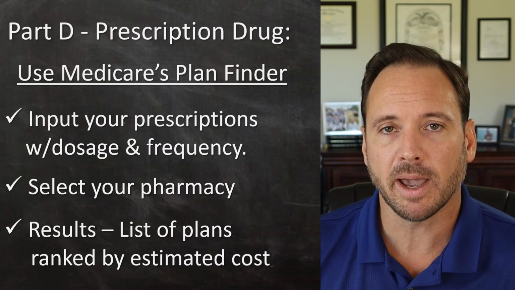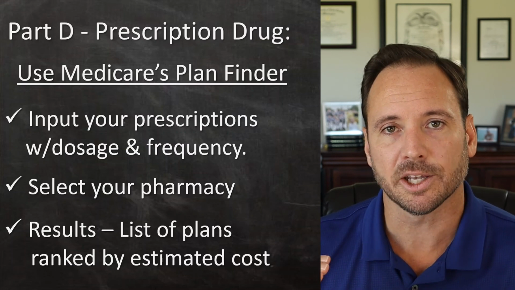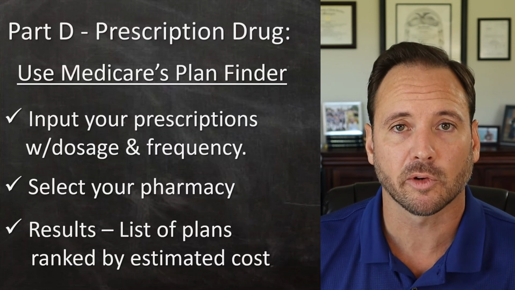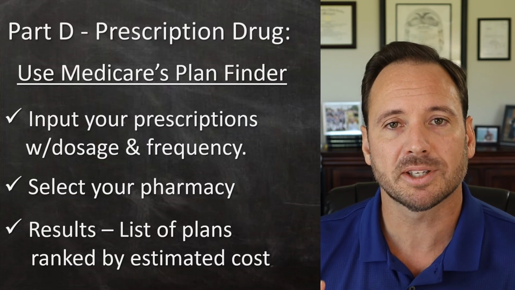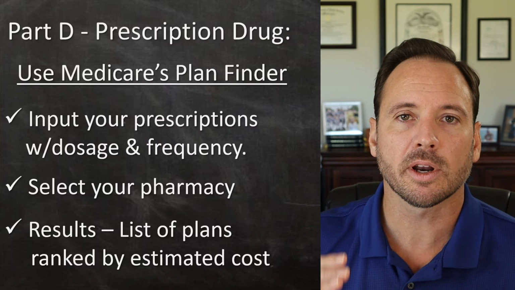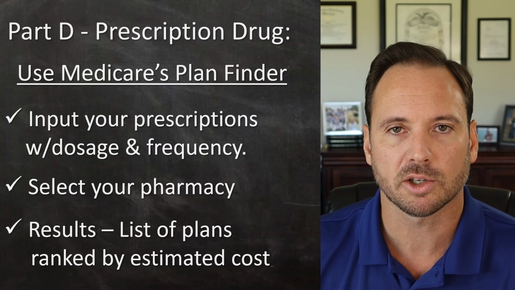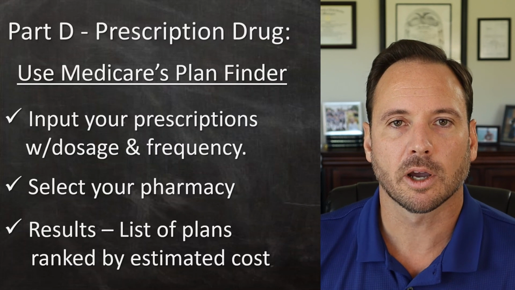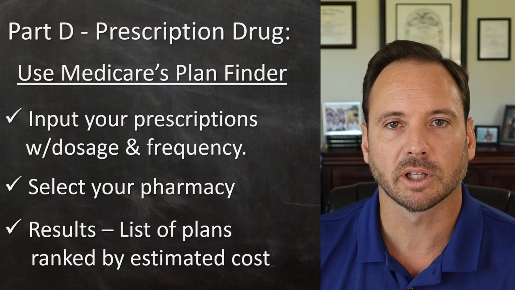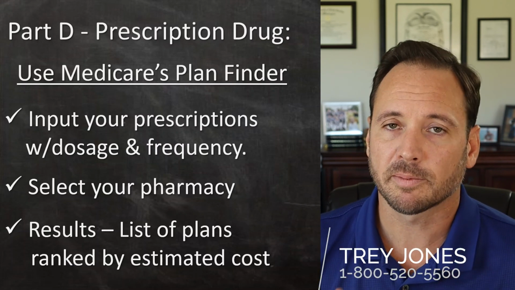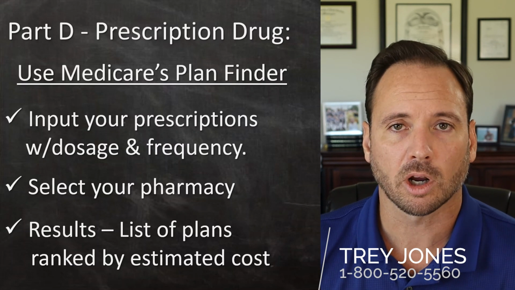And then based on that information, it's going to give you a list of every drug plan available for you to buy in your market. And it puts that list in order, starting with the drug plan that is expected to give you the lowest annual retail cost for your drugs. And so that is just a really easy tool to use. That's something that we usually do for all of our clients.